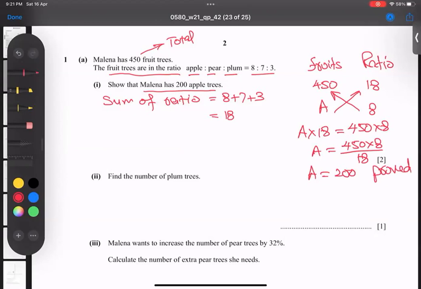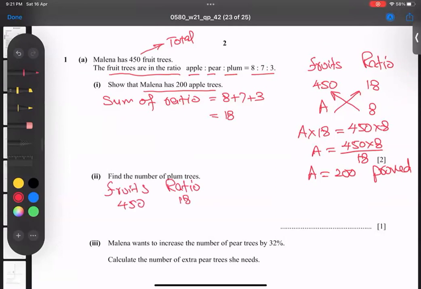Part number 2, he is asking find the number of plum trees, same story, same title, same way. Only one change here. We will write 450, 18, but in the place of 8, because plum I need, so 3. So fruits and ratio, 450 total fruits, and total ratio is 18.